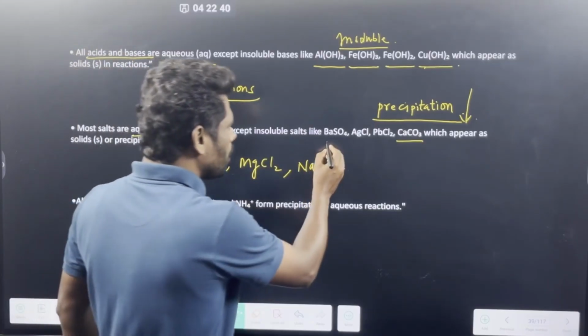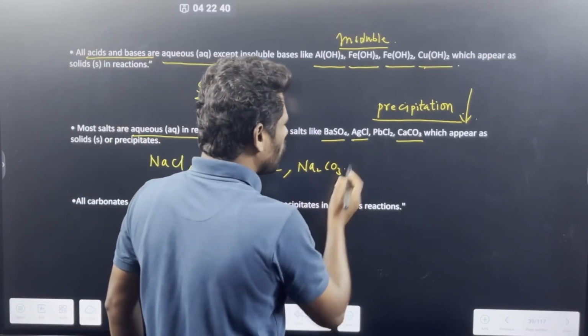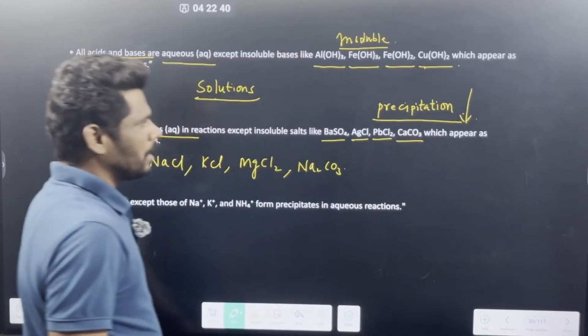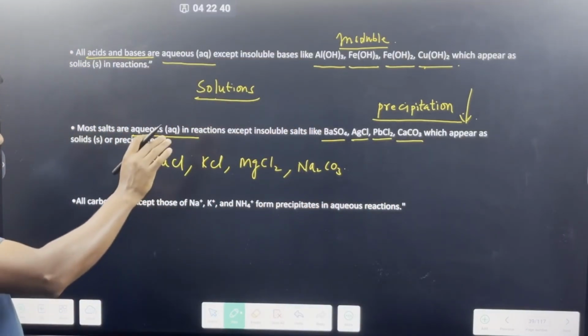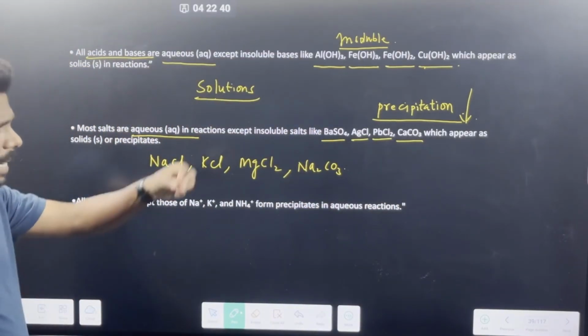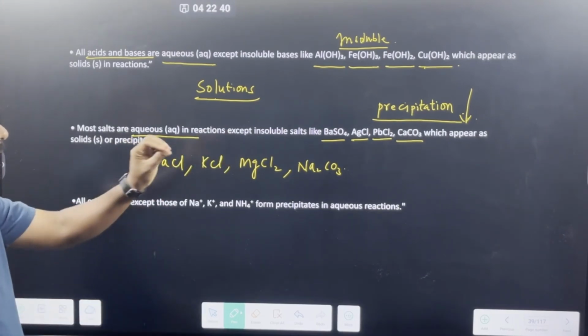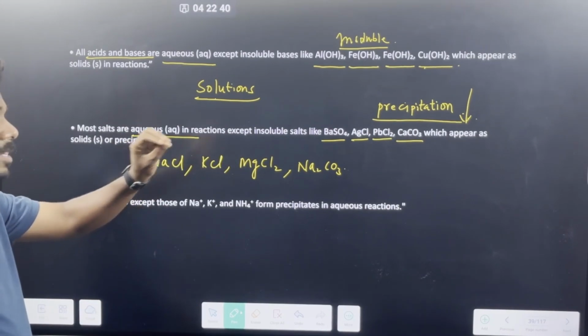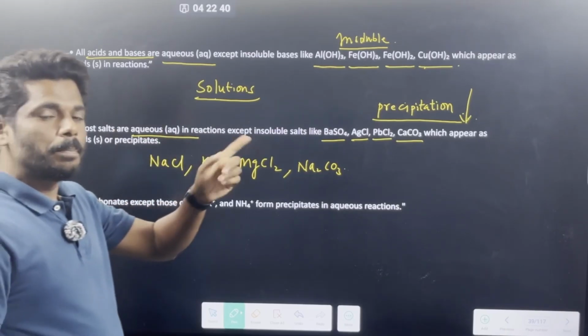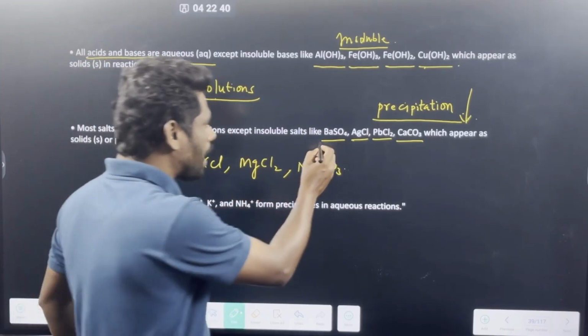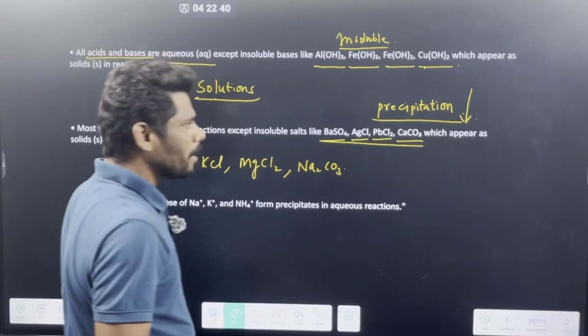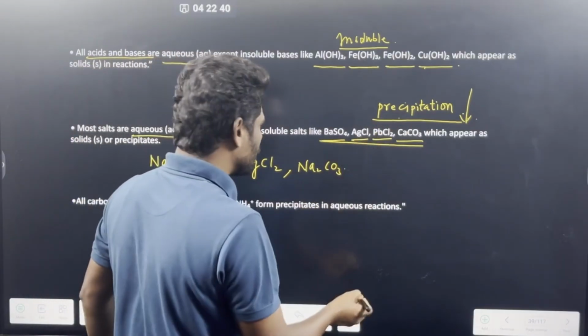And obviously, barium sulfate, silver chloride, lead chloride. These are the examples. Lead iodide as well, silver bromide as well. So these are the salts which form precipitates. That's why if you find them in any reaction, write them as precipitate.